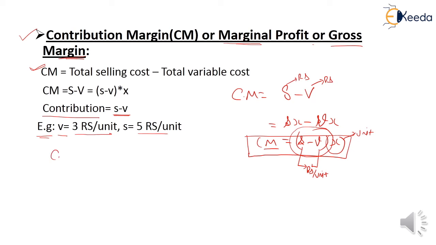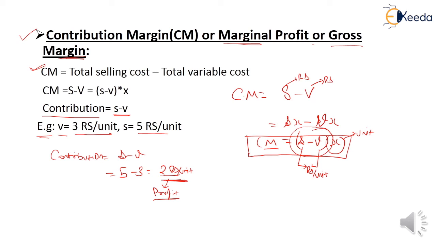So what is the contribution? Here the contribution is small s minus v. Please be careful with the units, small s is in rupees per unit. So 5 minus 3 is 2 rupees per unit. What is the meaning of this 2 rupees per unit? It means that if you sell 1 unit, the profit obtained by the organization is 2 rupees. If you sell per unit, you obtain 2 rupees as profit.